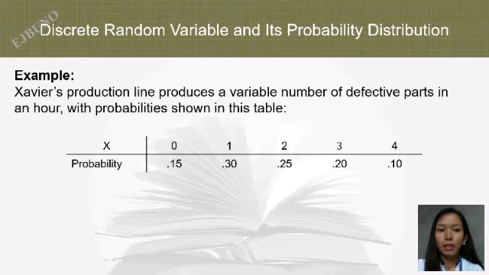The values of x are 0, 1, 2, 3, and 4, while the probabilities are 0.15, 0.30, 0.25, 0.20, and 0.10 respectively.